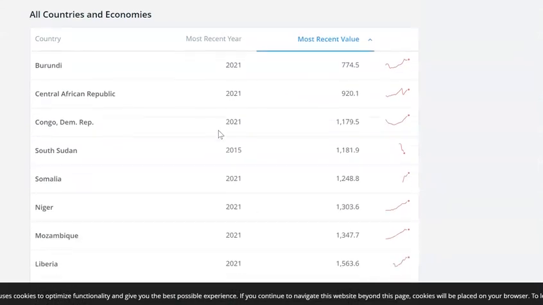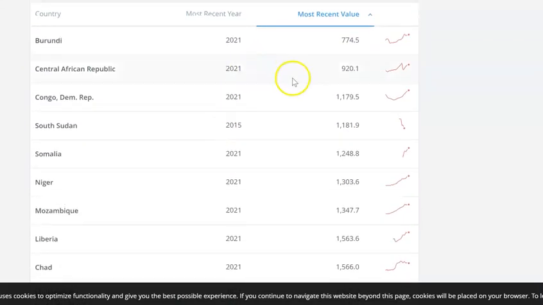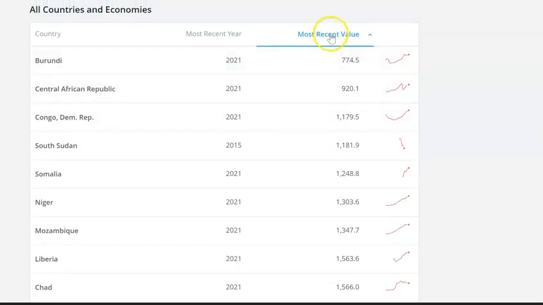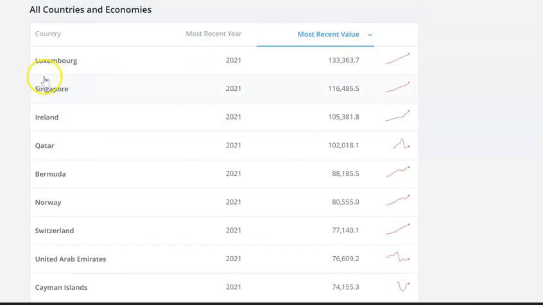So here we see that the poorest country, according to that, is Burundi, where an average person earns about $774.5 a year. And then the richest country in the world is Luxembourg, which earns $133,363 per year.